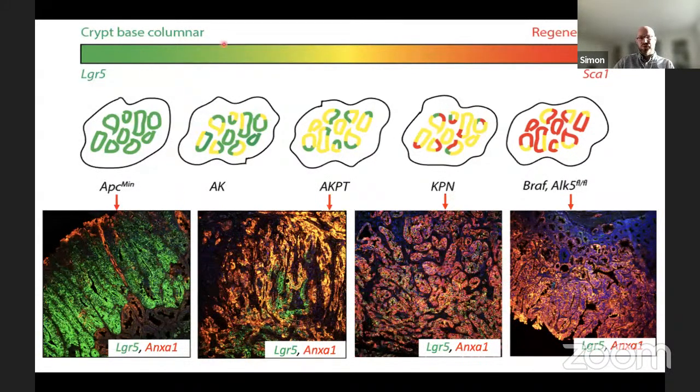So again, we've got this phenotypic spectrum that we can measure both with molecular phenotype, but also with a morphological phenotype to show that there is this balance of stem cells. There is this dynamic equilibrium of stem cells occurring in tumors, and that equilibrium shifts according to the genotype of the tumor.